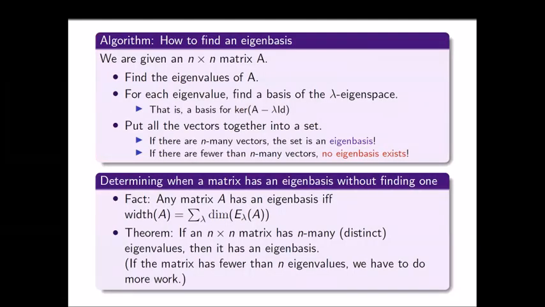So far, we've learned about eigenbases, how to compute an eigenbasis for a given matrix A, and how to determine whether a matrix has an eigenbasis without explicitly computing it.